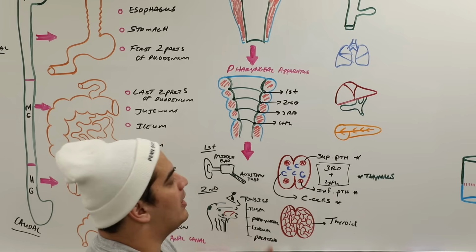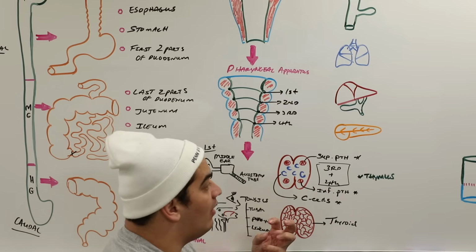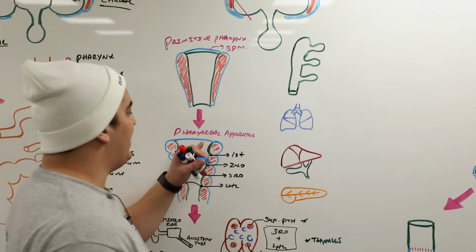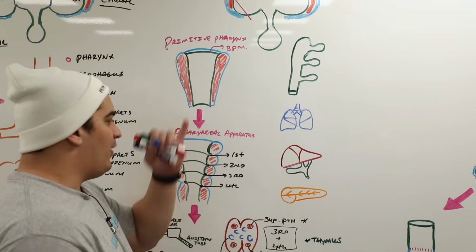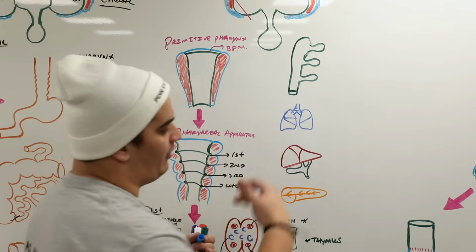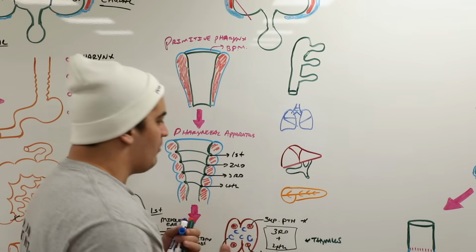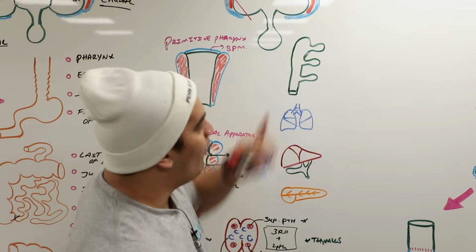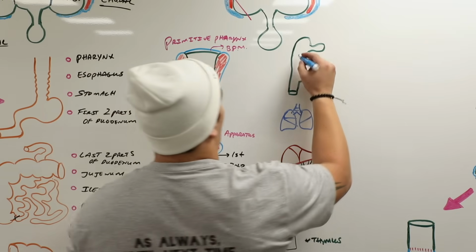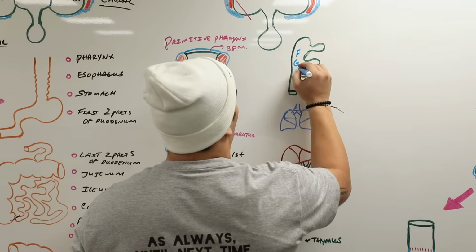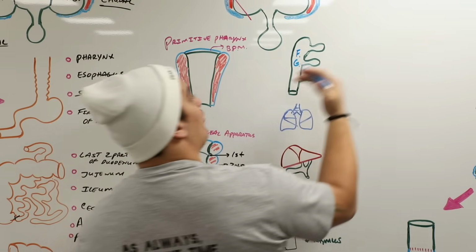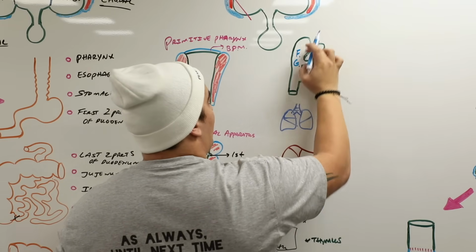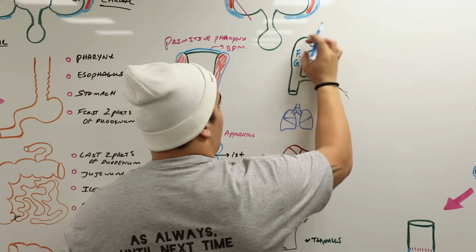Now, I want to talk about some organs that actually bud off of the foregut. So we talked about some of the structures that derive from the endoderm-lined pharyngeal apparatus, which is derived from that primitive pharynx. The next thing I want you to know is that going back to the foregut, we already talked about the structures coming from the foregut. Imagine the endoderm is the epithelial lining of this gut tube.